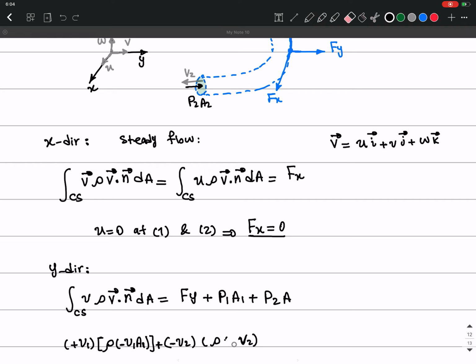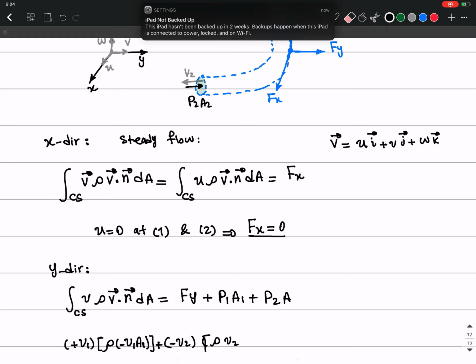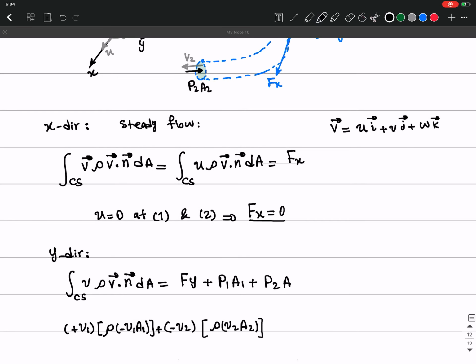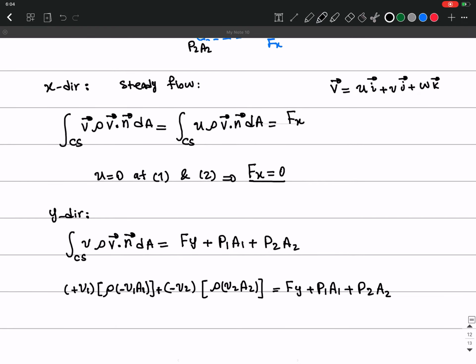So again, I write it as V2 A2, okay, so these terms equal Fy plus P1 A1 plus P2 A2.